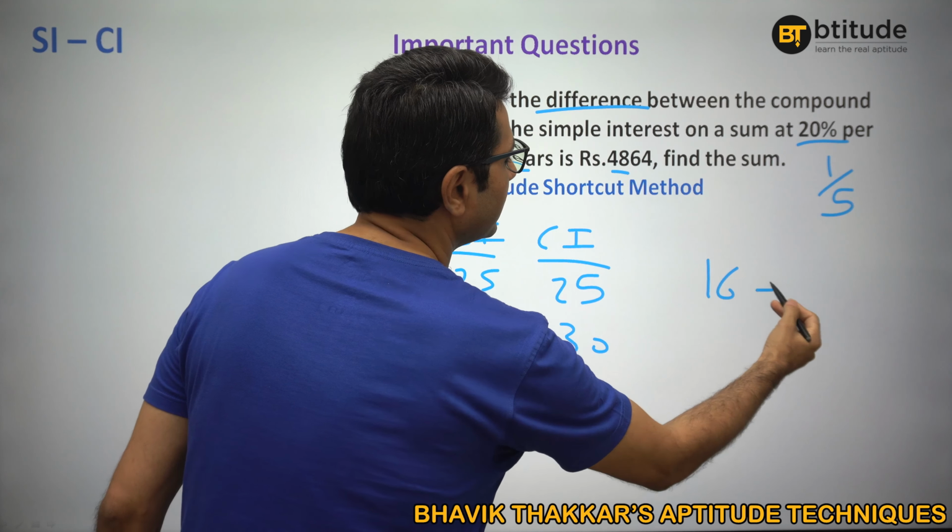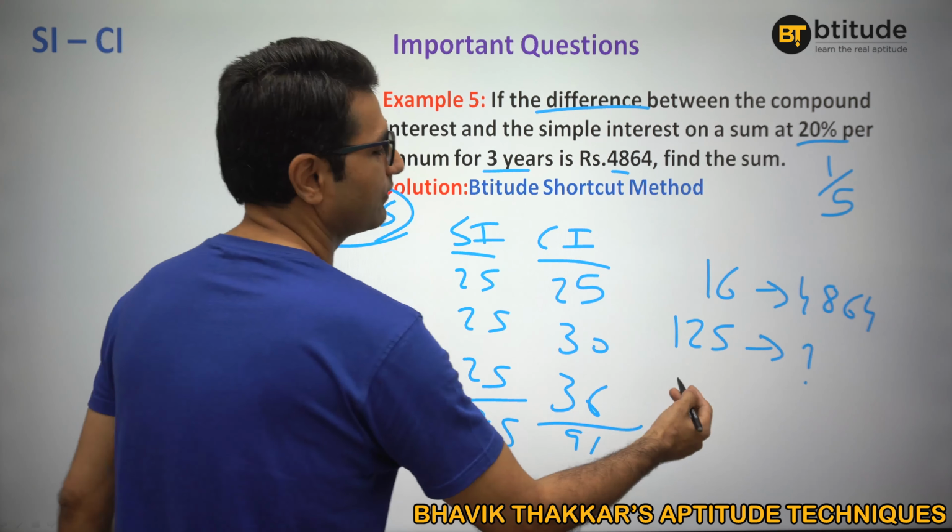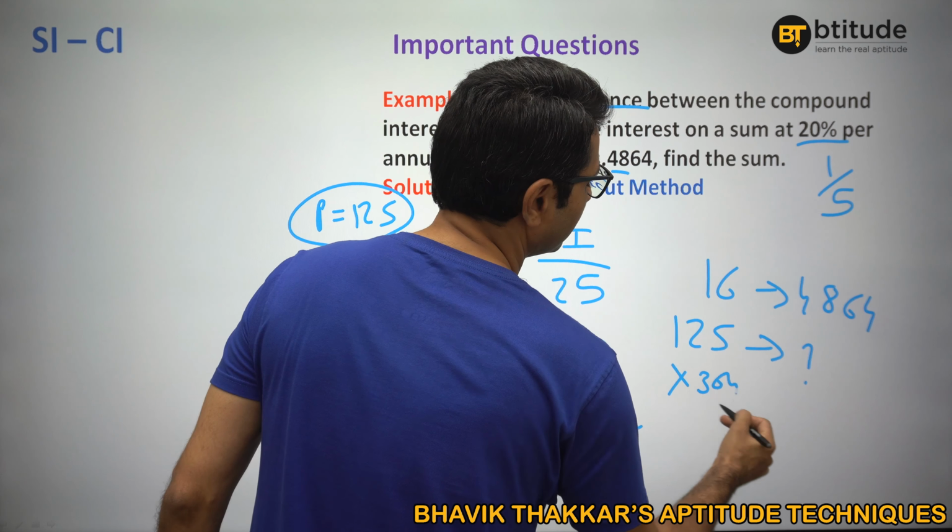If in our replica the first year interest is taken as 25, the principal has to be 125, because 1/5 of 125 is going to be 25. So in our replica, whatever is given as a difference is 16, if that 16 actually stands for 4864, what would this principal stand for in the real scenario? Now here also you can understand 16 into 304, right? Into 304. So 125 multiplied by 304.